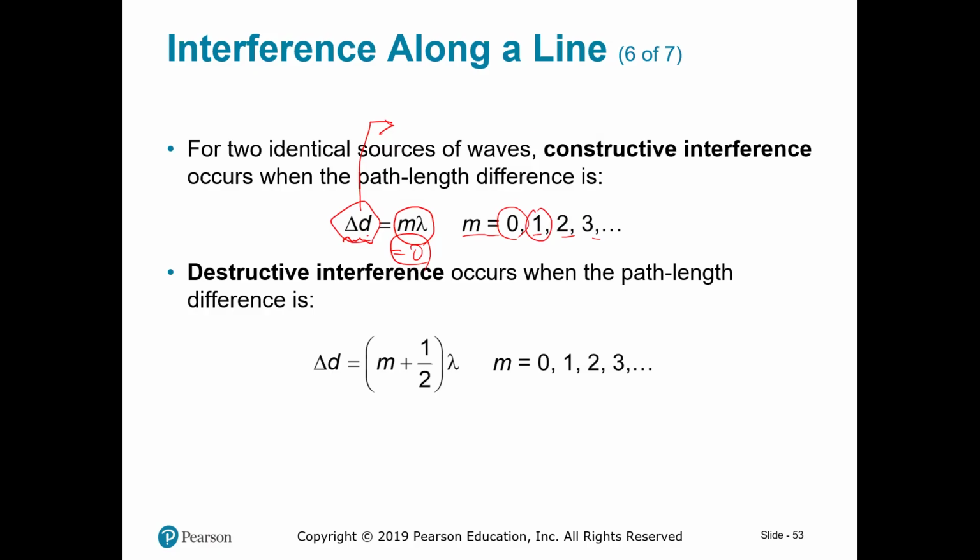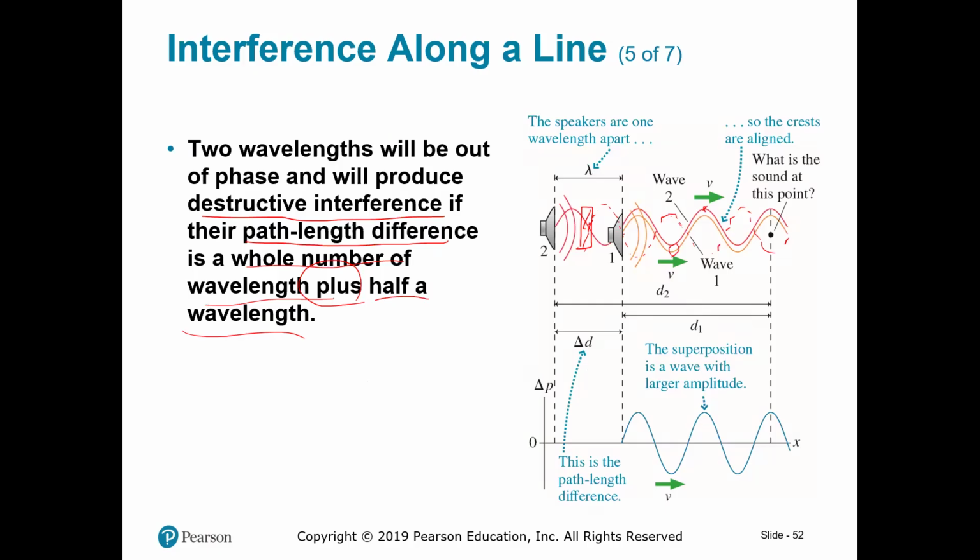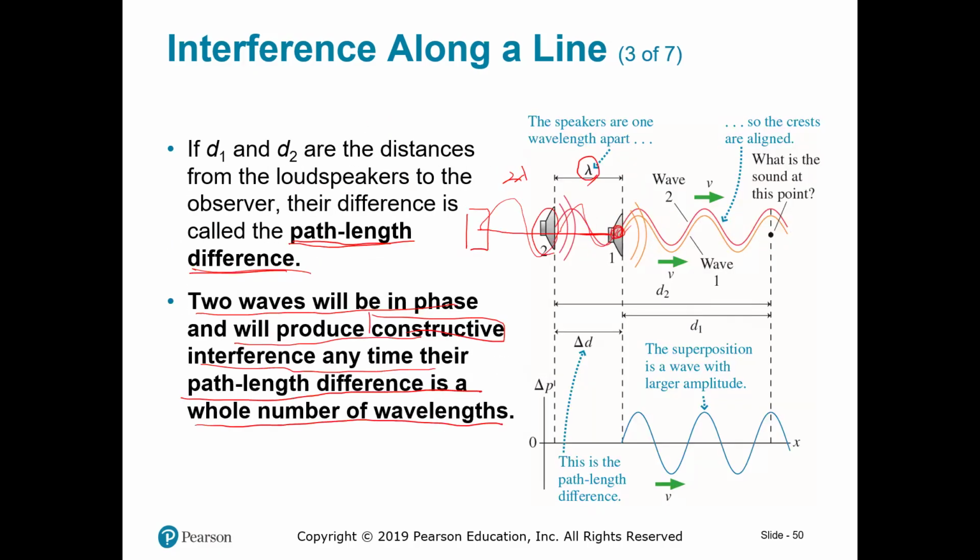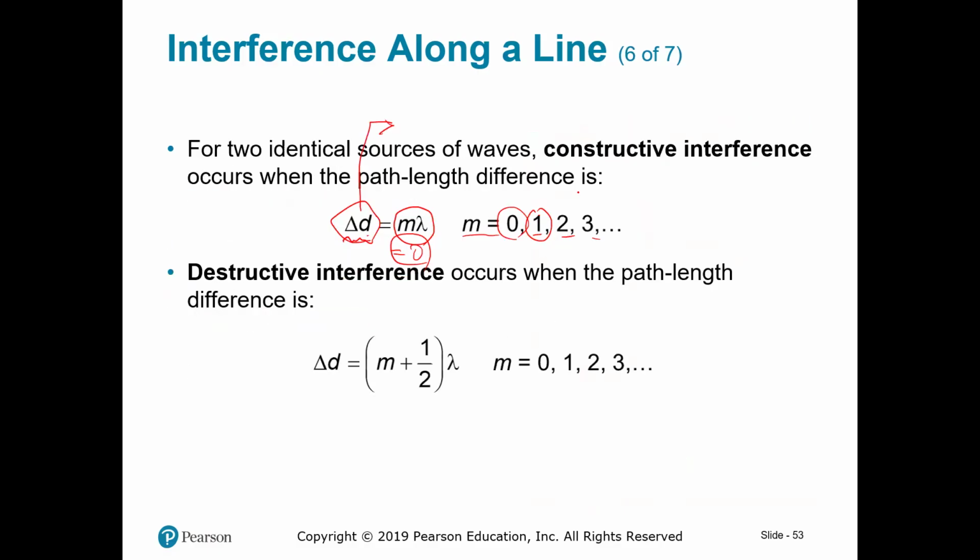Basically the distance between these two speakers for this case, right? So if m is 1, this is the case. If m is 2, this is the case. And if m equals 3, it's got to be here: 1 lambda, 2 lambda, 3 lambda differences, right?